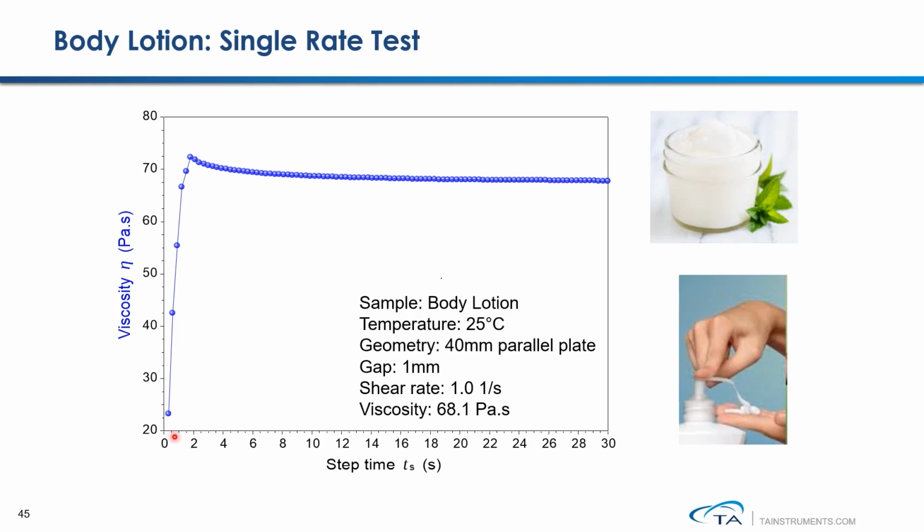At the beginning, you see the viscosity start to increase and then eventually it reaches equilibration. After the equilibration has been reached, you take a reading. That tells you the viscosity of this body lotion at room temperature and at this particular shear rate is equal to 68.1 pascal second.